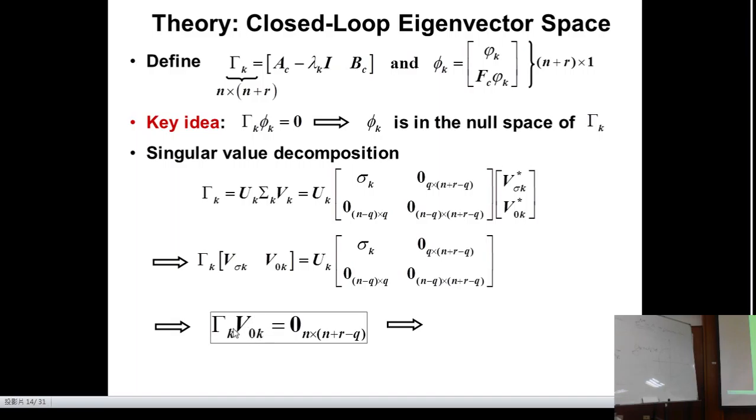So the key idea here is the V0k can be several different columns. They are not necessarily one column. It can be 2 columns, 3 columns, depending on the dimension of your null space. In other words, the null space can be 1-dimensional, 2-dimensional, 3-dimensional, or 4-dimensional. It depends on how many non-zero singular values you have.